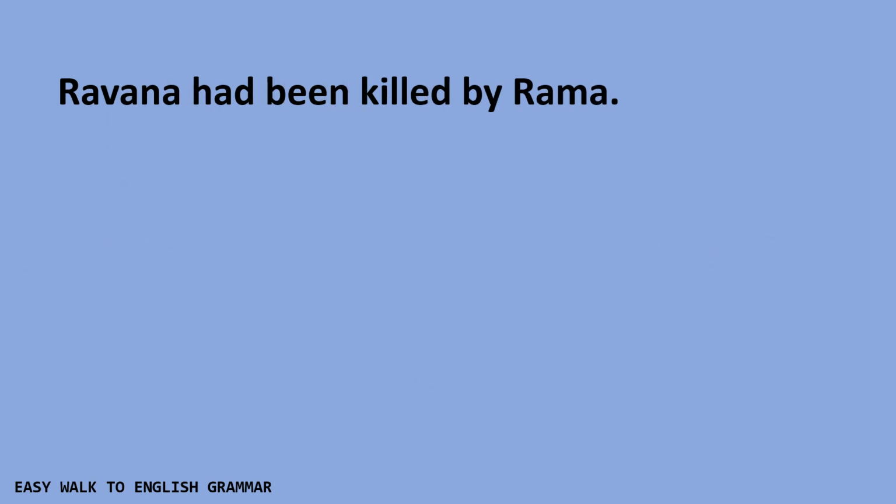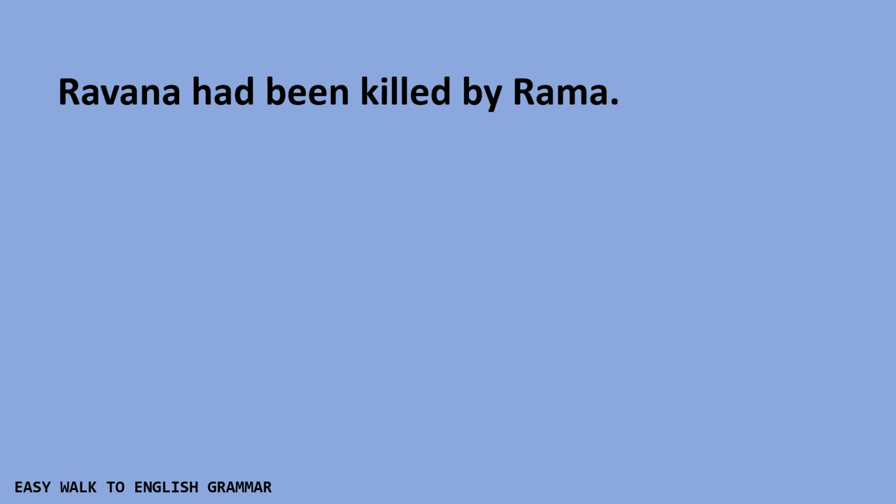How will we create the passive voice of the previous active voice? Rama had killed Ravana. The passive voice form of the previous active voice is: Ravana had been killed by Rama.